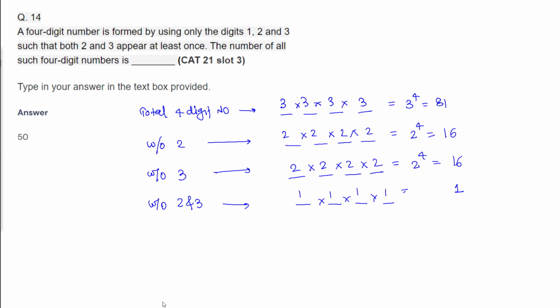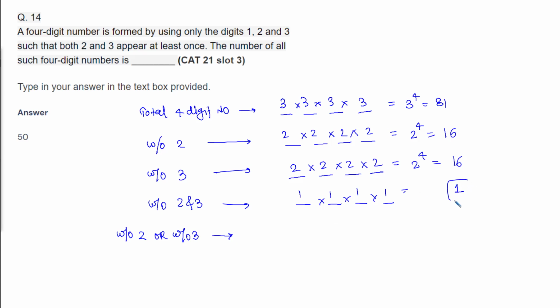So now, how to decide what is the final answer over here? We want 2 and 3 to appear at least once. So without 2 or without 3, how many 4-digit numbers can you form?